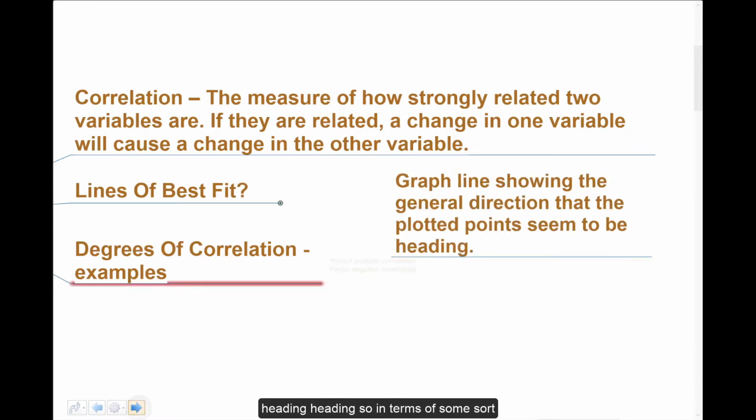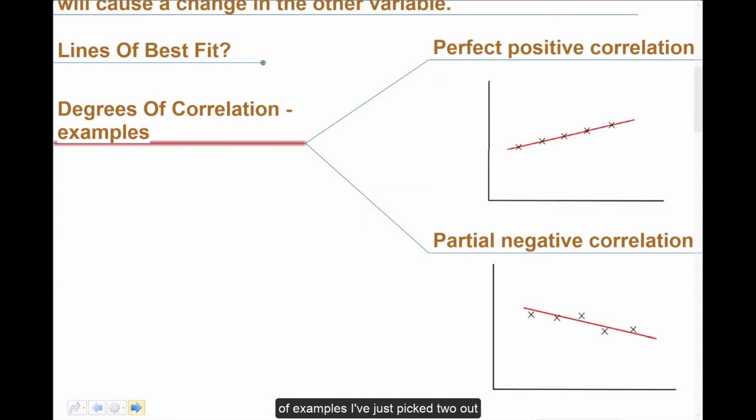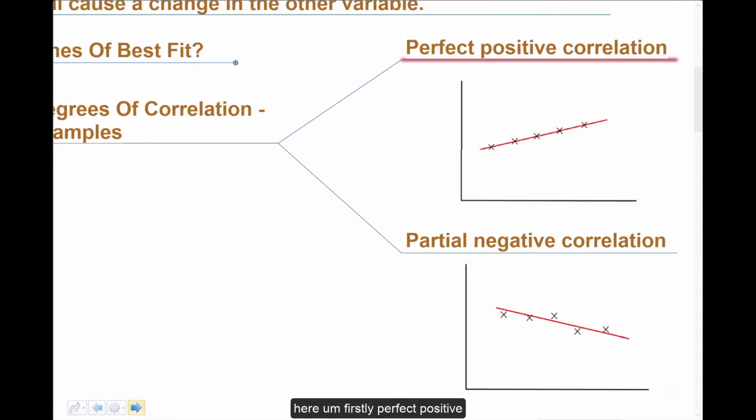In terms of examples, I've just picked two out here. Firstly, perfect positive correlation. You'll see the x and indeed the y-axis. You'll see that's really perfect heading from left to right.